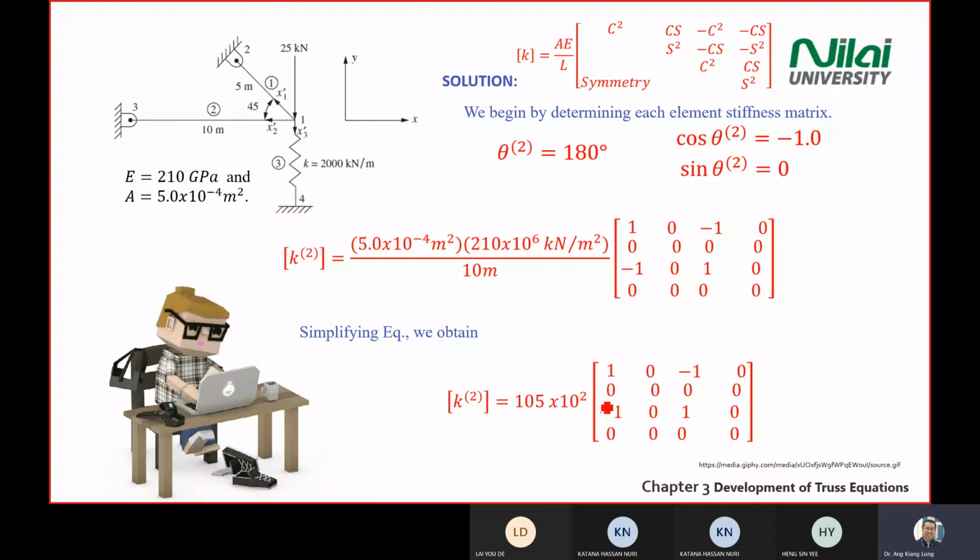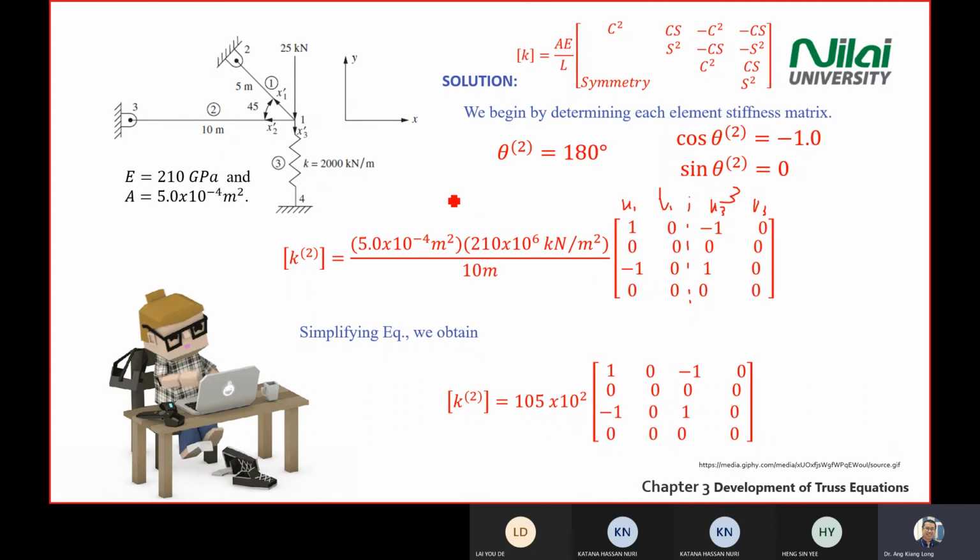So before we proceed, again, just remind you to do some marking. So for this case, element 2 is 0.1 and 3. So label U1, V1, U3, V3. Okay, because later what we want to do is superimpose into a very big matrix where we will have a 6 times 6 matrix.